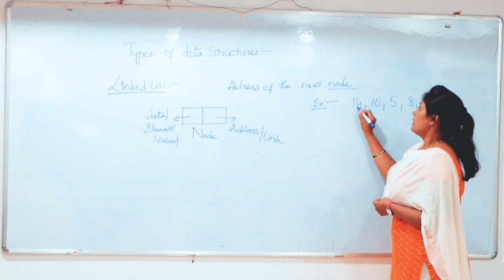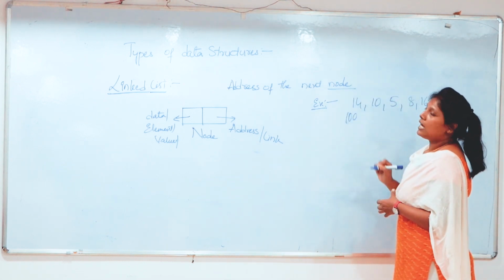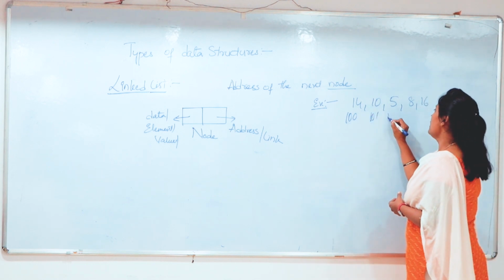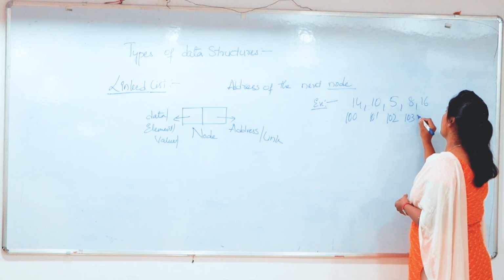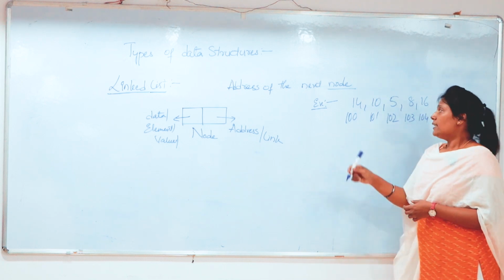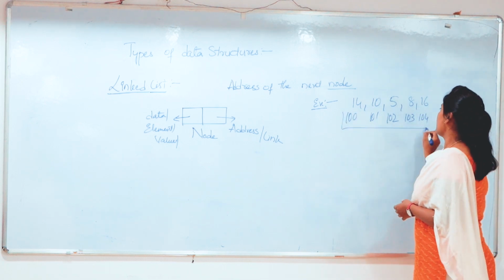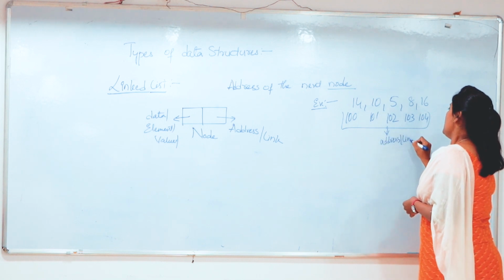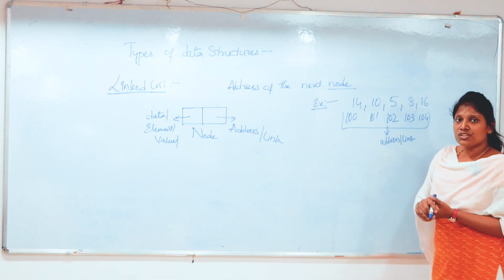Suppose this 14 is at the address of 100 and 10 is at 101, then 102, 103 and 104. These are all the addresses, the address or link of the next elements.